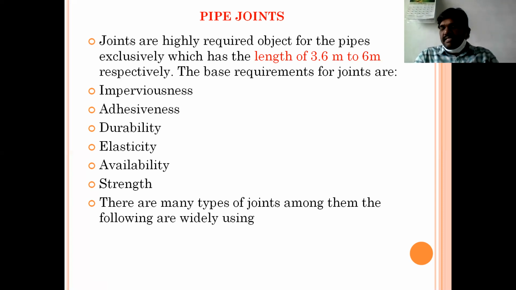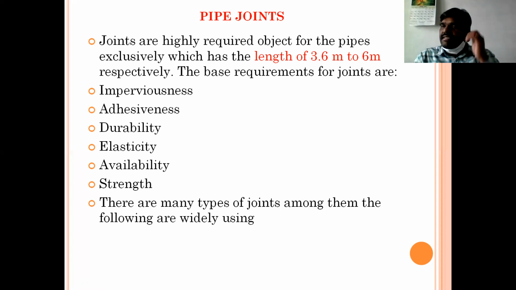Next one is adhesiveness. Once we are jointing the pipelines, the joint should adhere to the other side of the pipe. Adhesiveness. Third one is durability. We have seen the durability of various pipelines. For cast iron, that is 100 years.